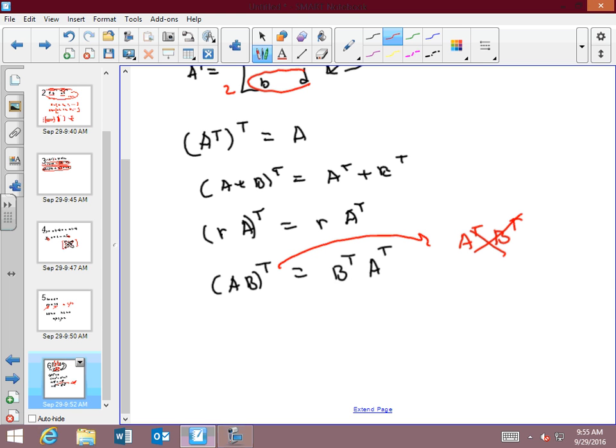So that's counterintuitive. You have to watch the theorems, watch the problems, and remember that certain things work the way you intuitively like to have them, and certain things don't.